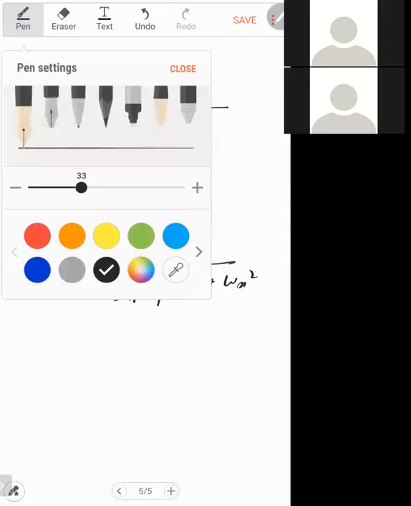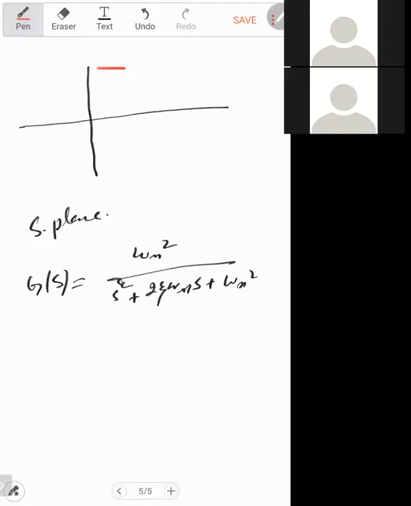Number one is when zeta is equal to 0. When zeta is equal to 0, this means that you have the two complex roots.